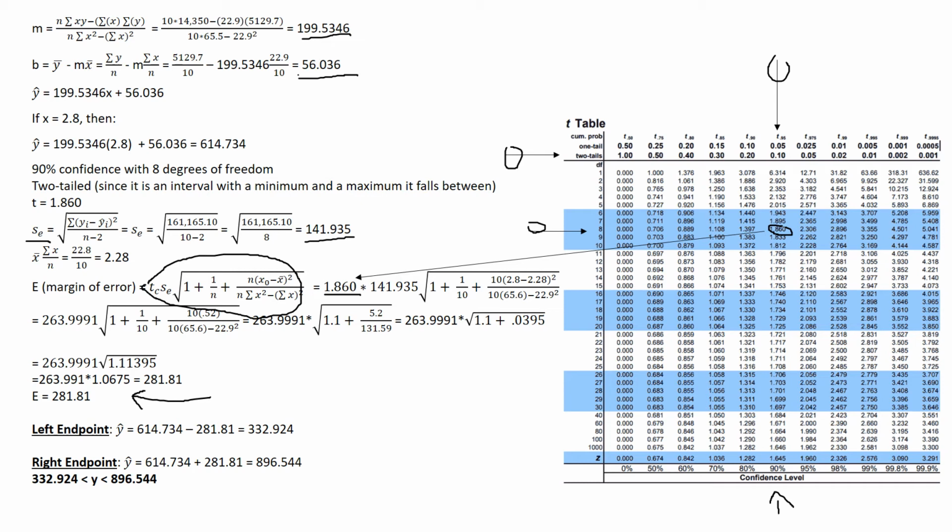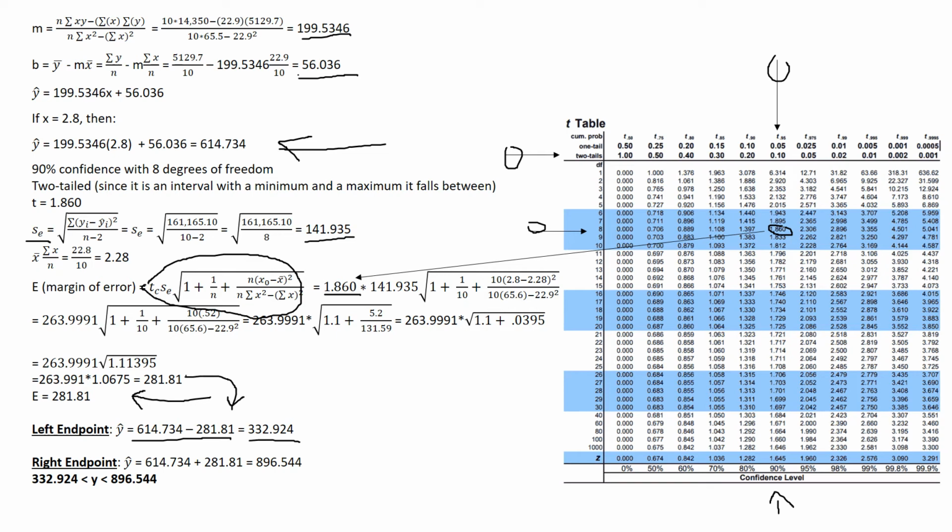So really what we're looking at here is my endpoints. Remember, I had an average of 614.734 when I was looking at 2.8 for an x. When I put in 2.8 for x, it'd be 614.734 minus 281.81, which is 332.924.